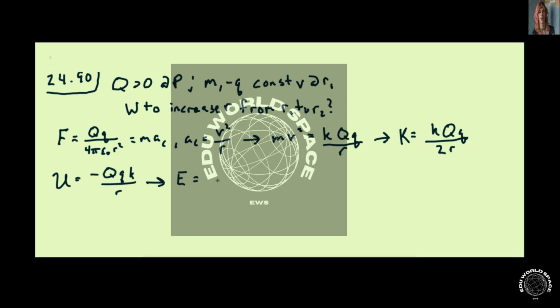And so this is negative k qQ over 2r, because half a thing minus a whole thing is going to be negative half a thing.